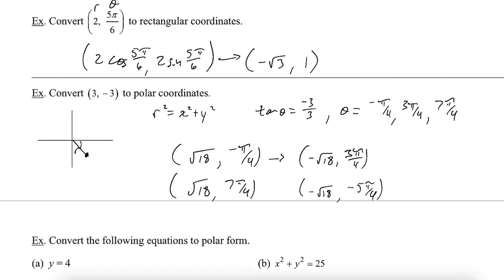All right, all of those will be in the same position because the 3 pi over 4, the negative radius will flip it the other direction 180 degrees to that point right there.